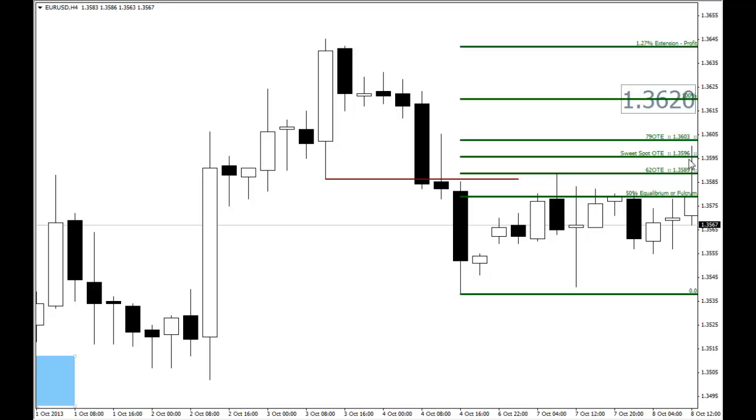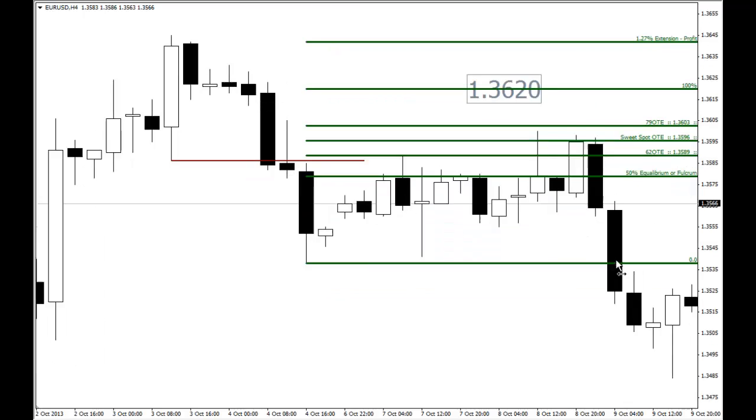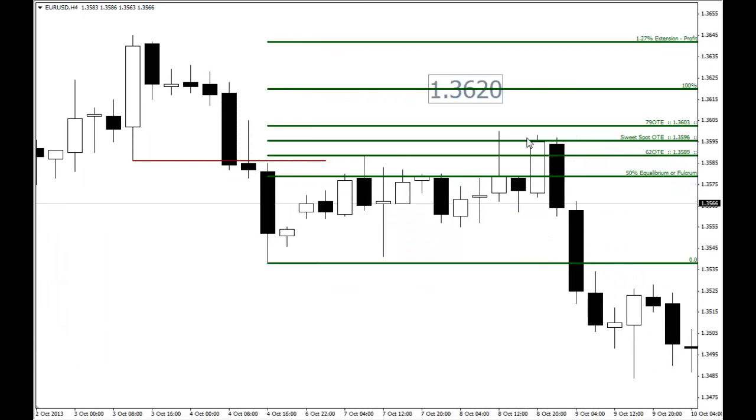And if price gets up into these levels here, we could be a seller. And you see that happening right there. Notice that we dipped above this level. So we went back inside of the order block here, and we had a nice optimal trade entry. Boom.